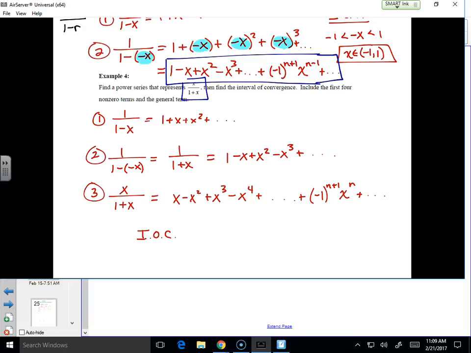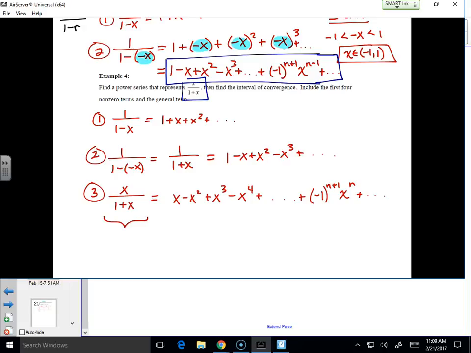Right? How do we do the interval of convergence? We still have the negative x thing, right? If we want a negative 1, should we put x over negative x between negative 1 and 1? Well, r is just going to be x, or negative x, I should say. Wouldn't it be the same thing?